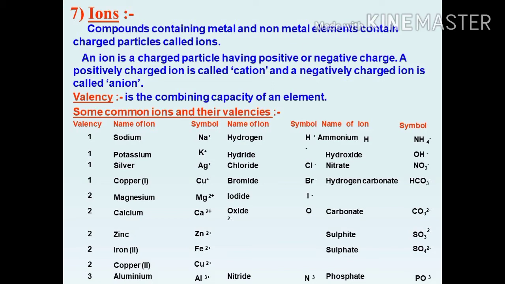Hydroxide, oxygen and hydrogen. Nitrate NO3, nitrogen and 3 oxygen. Hydrogen carbonate, hydrogen, carbon and 3 oxygen. Carbonate CO3. Sulfite SO3. Sulfate SO4. Phosphate PO4. These are some examples of polyatomic ions.